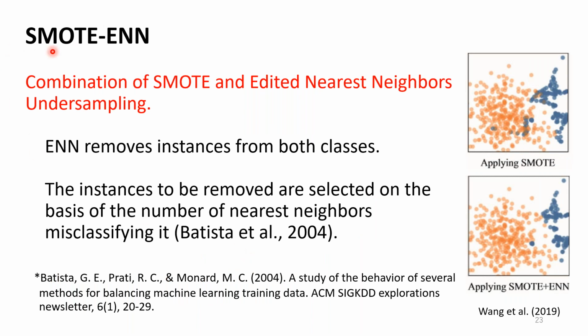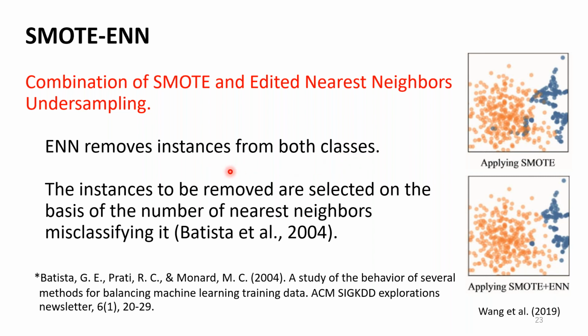This one, SMOTE-ENN, is a combination of SMOTE and edited nearest neighbors, that is ENN, an undersampling method. So this is a combination of oversampling and undersampling. ENN removes instances from both classes, the minority class and the majority class.